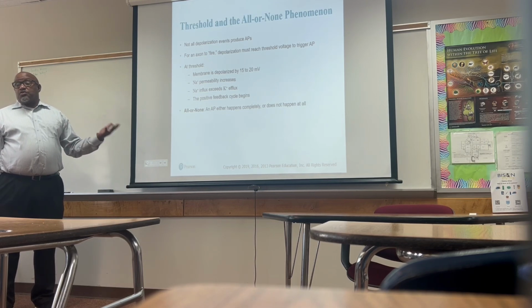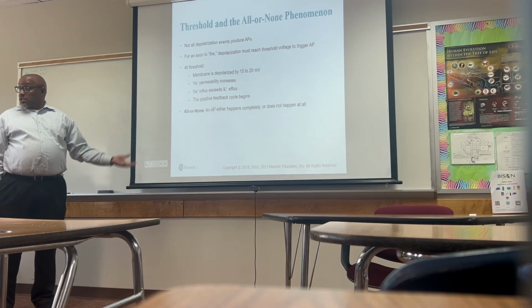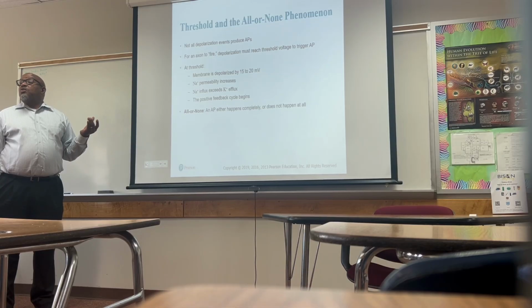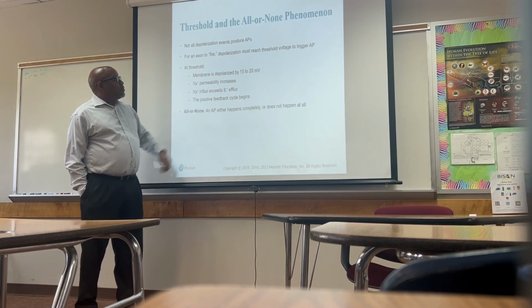So if the graded potential creates a signal that pushes it to minus 55 or minus 50, you're going to get an action potential. If it pushes it from minus 70 to minus 60, you don't know that bug is crawling on you. You don't know that something is touching you. You can't smell whatever, it's not enough, okay? So this is, again, what threshold is.